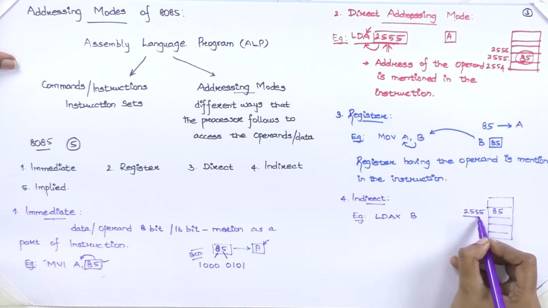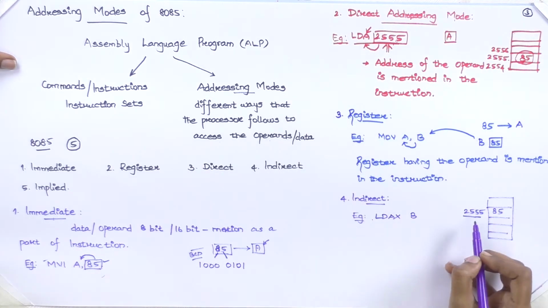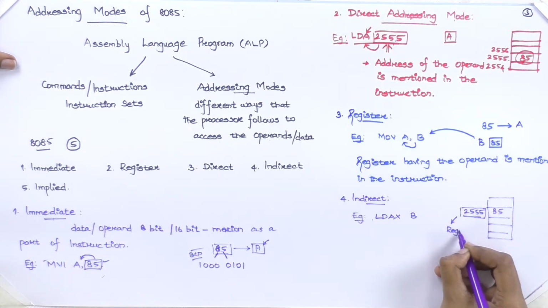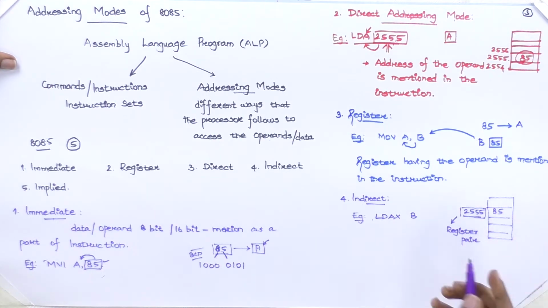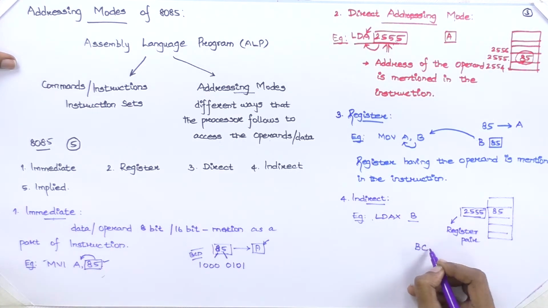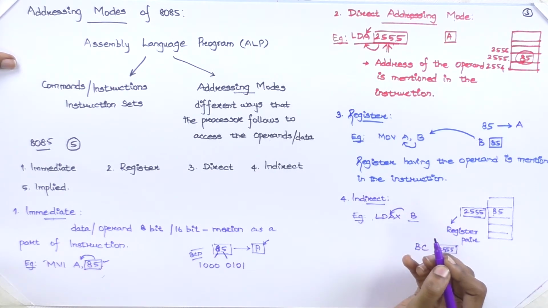In direct addressing mode, this 2555 is mentioned in the instruction. In indirect addressing mode, this 2555 will be mentioned in the register pair. So as mentioned in this example, BC will be having the value 2555. The value in this location is 85, and that will be moved to the accumulator.